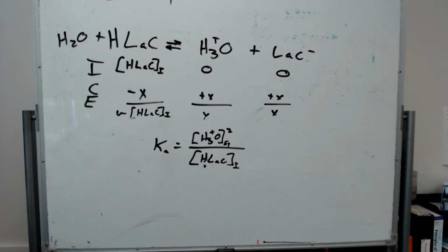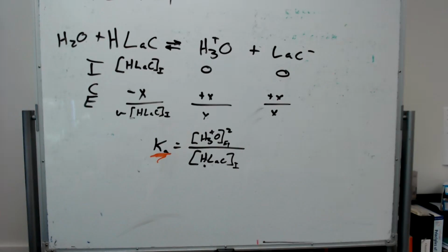Let's go ahead and look at number 2. Which variables are we given in number 2? Well, let's do the easy thing. What are we asked to solve for? Ka and pKa, which kind of mean the same thing. If we're solving for Ka, that means someplace in the problem we have to be given the initial concentration of lactic acid, and we have to somehow be given the H3O plus concentration.